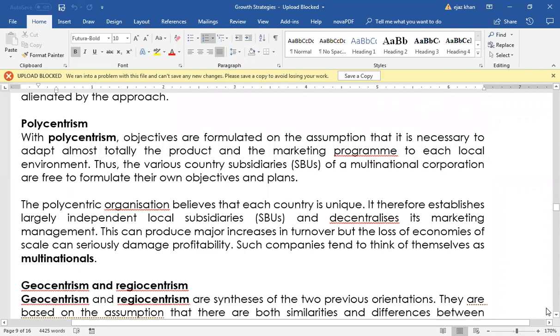This is a very expensive strategy to follow. But you can say it may be very effective as well at the same time, because you will be looking at the local factors, the local tastes of the people. So it may give you success in that market as well, but it will be too expensive to operate this policy. So this is polycentricism.